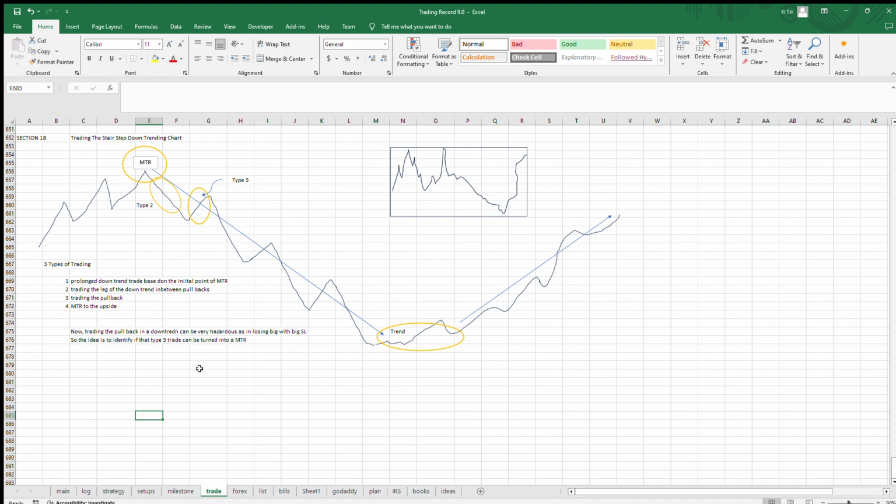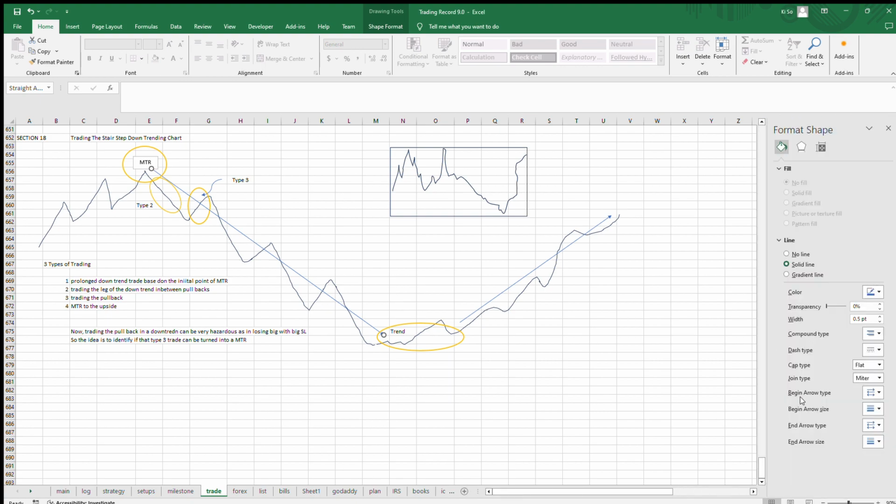So I'm looking at the situation of trading the stair step downtrending chart. That's what I'm looking to take advantage of and make this critical correction in my trading. I have to make this critical correction starting today.